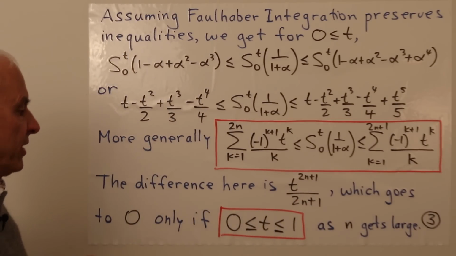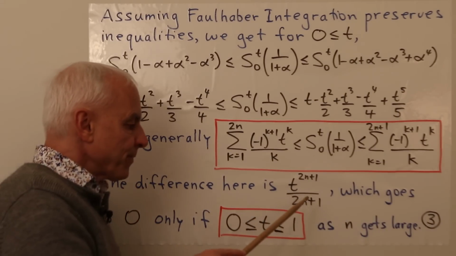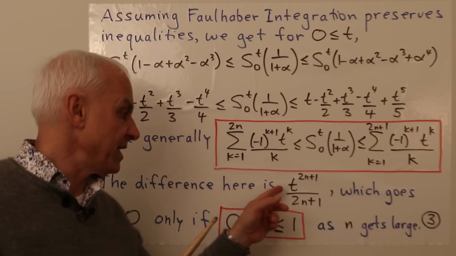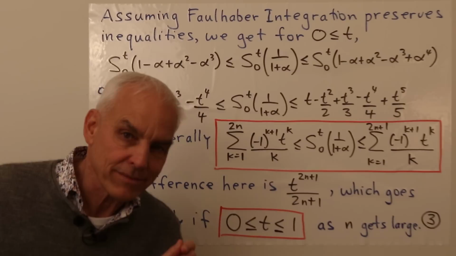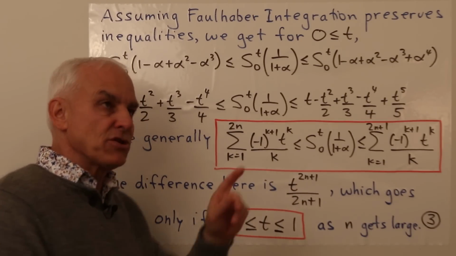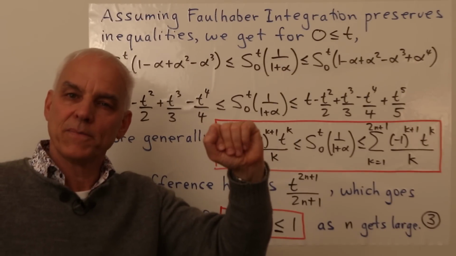Now, what happens as n gets large here? Well, this thing does not necessarily get small, because if t is bigger than 1, say t is 3 or something, then we're getting 3 to the 2n plus 1. That's going to get big as n gets big.